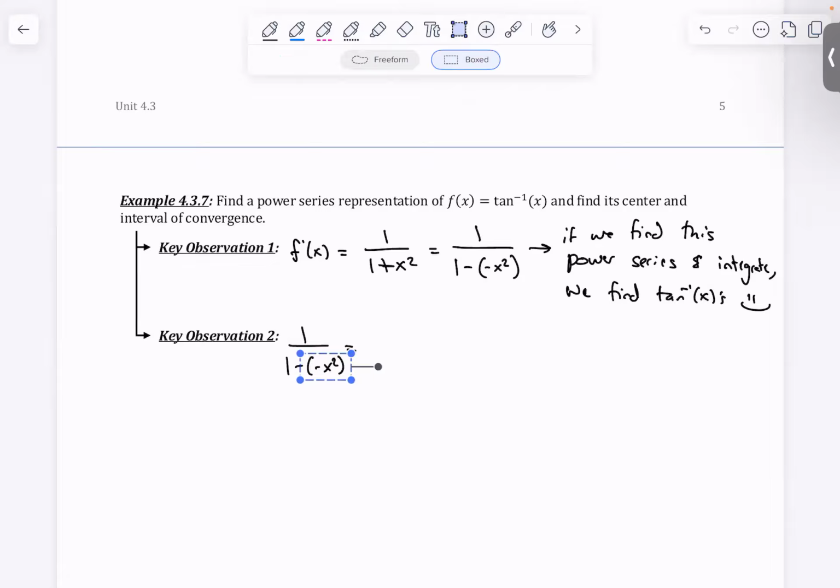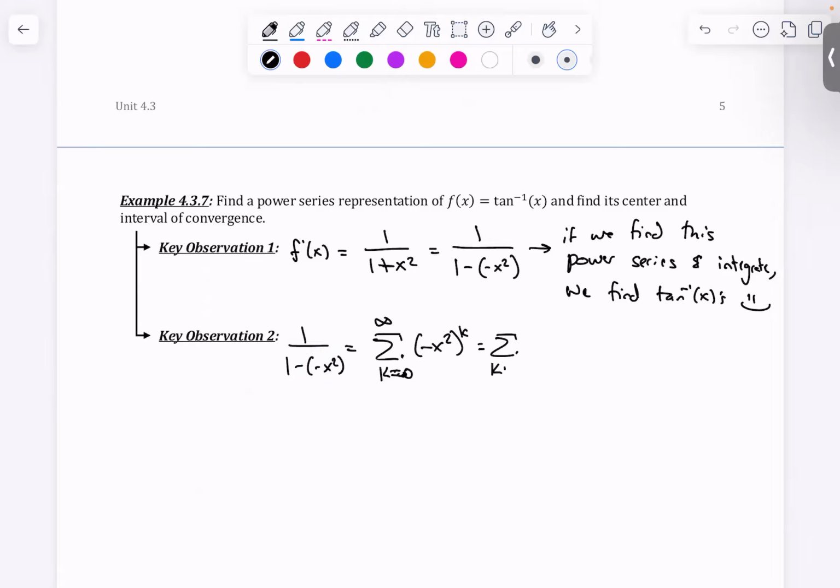So in the geometric series known representation, that's going to become the infinite sum from k equals 0 to infinity of negative x squared to the k, which is equal to the sum from k equals 0 to infinity of -1 to the k, x to the 2k. Any questions on that?